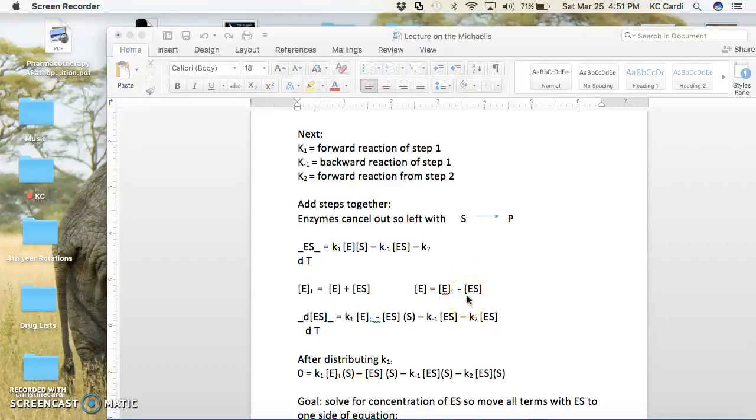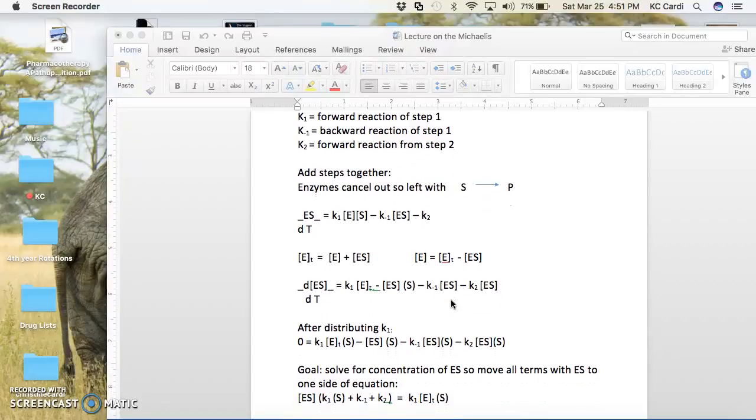If we subtract ES from both sides, we can solve for E, which gives us this. So now we can substitute ET, or E total, minus ES, and this gives us this equation.